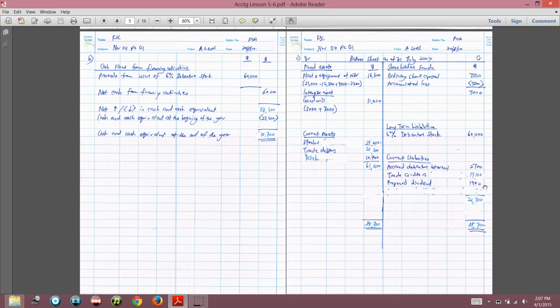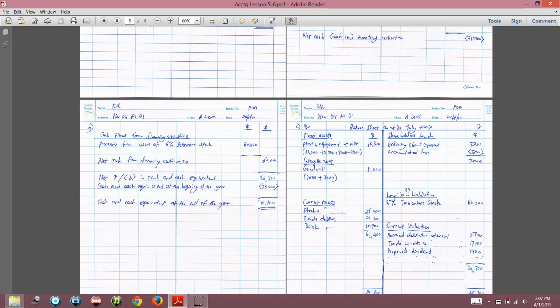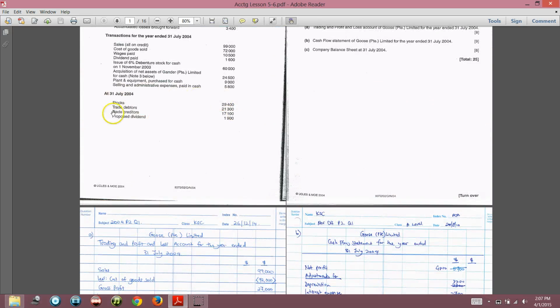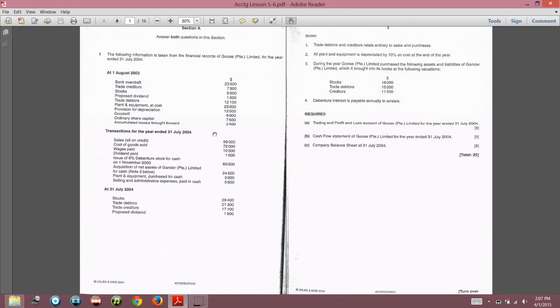Then you see we would have filled up the easy figures according to the question at 31 July 2004. All these figures are easy to put, so I would have put them in the question already.